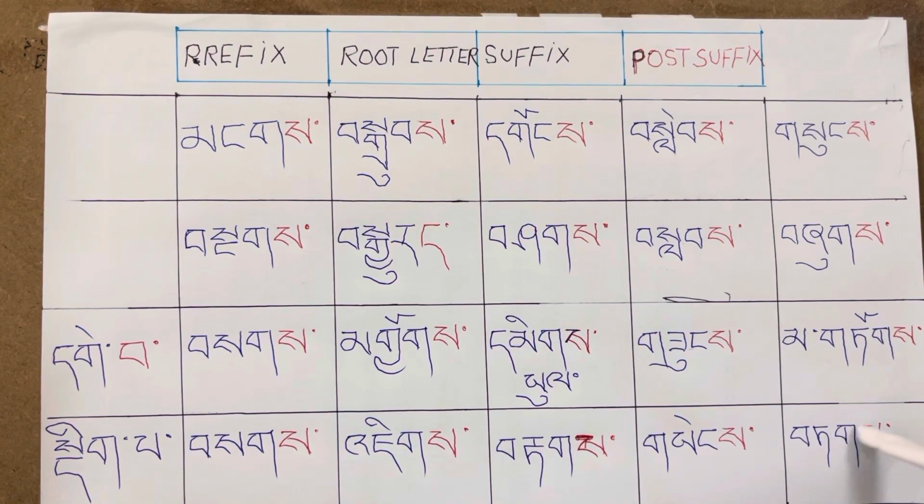Bao ta ga sa tak. This verb is used in more than one way. So bao ta ga sa tak is technically to tie, and also we use this verb to name someone. Tak. Who named you? Tak.